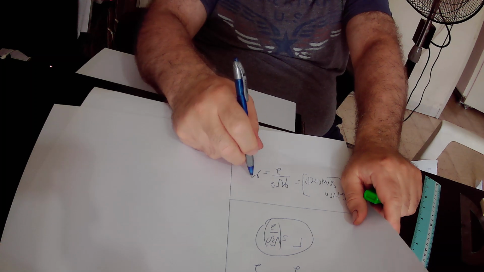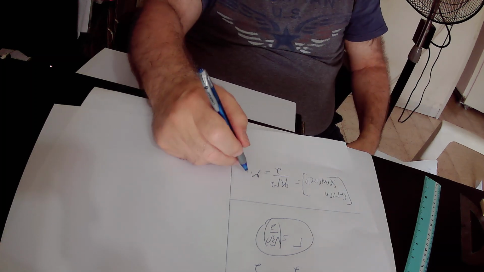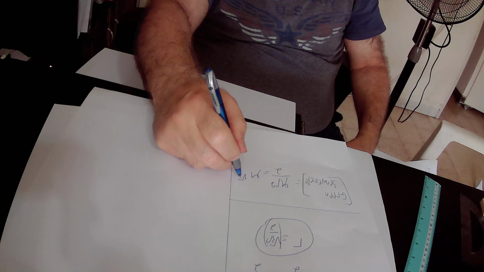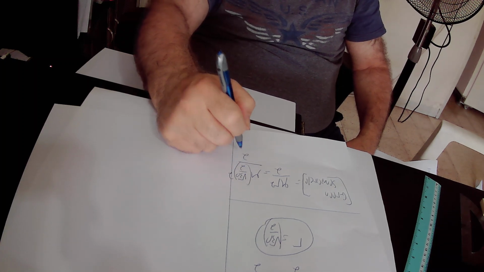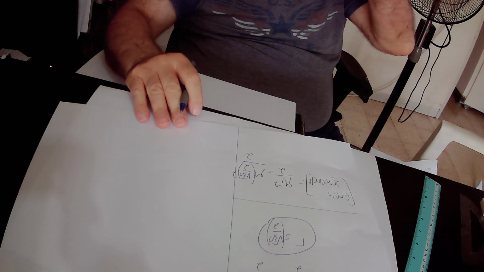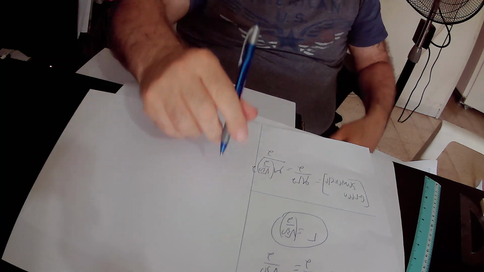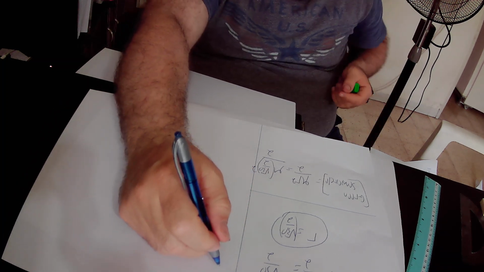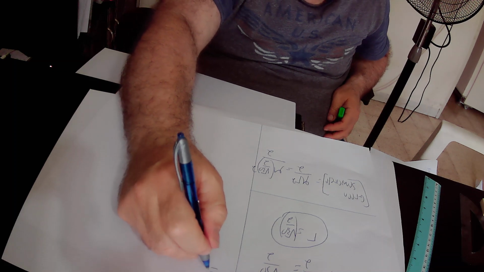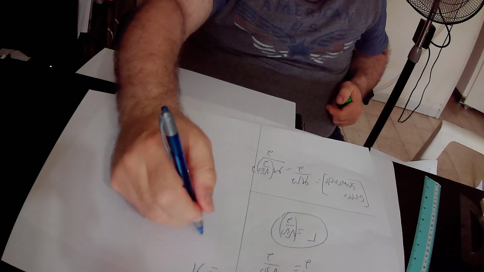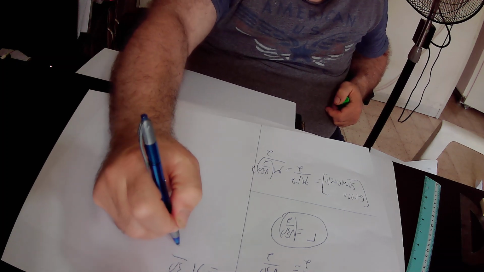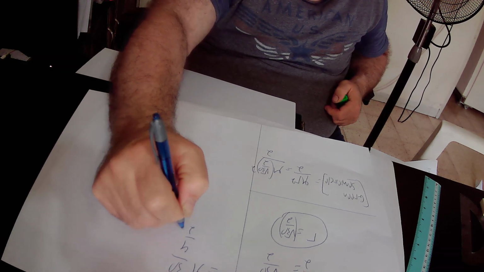So r squared is equal to the square root of 30 over 2, squared, divided by 2. Here we open the brackets and we get that the area of the green semicircle equals pi, and the square root of 30 squared is 30, over 2 squared is 4, divided by 2.